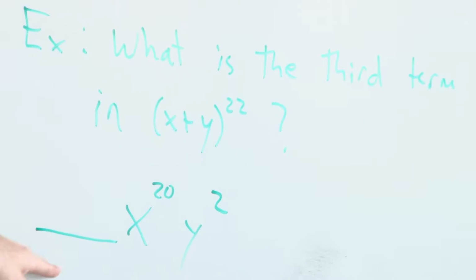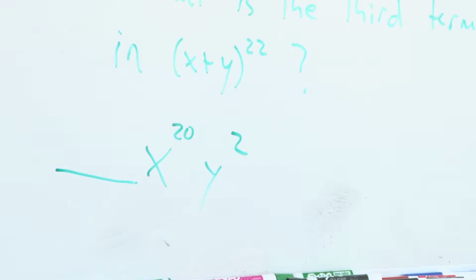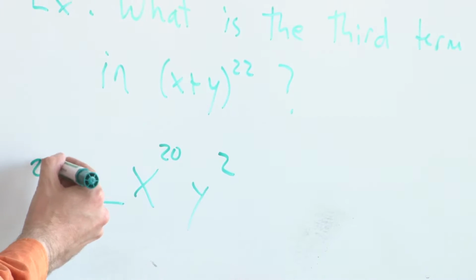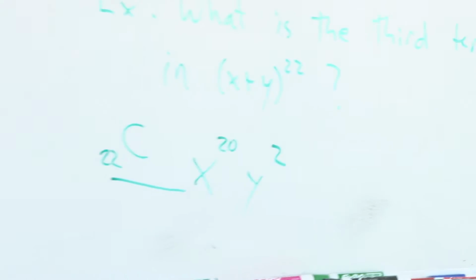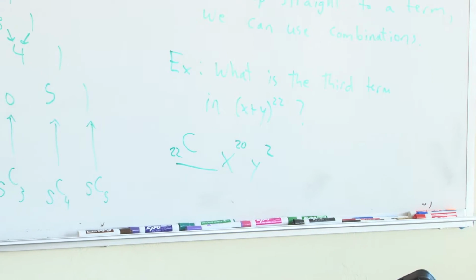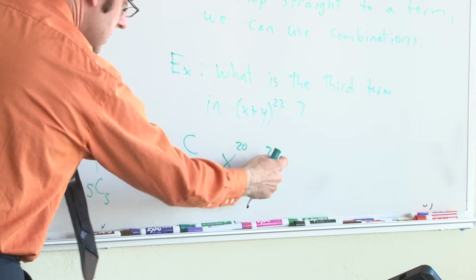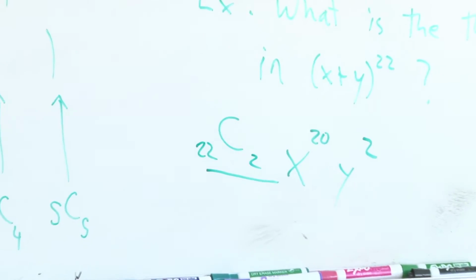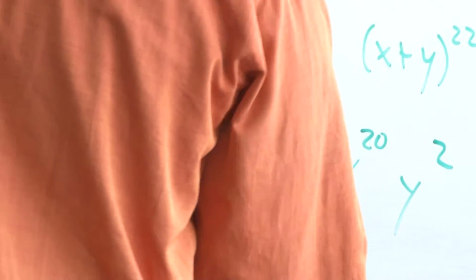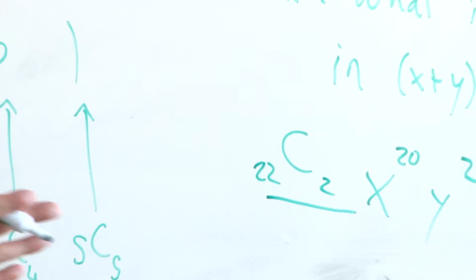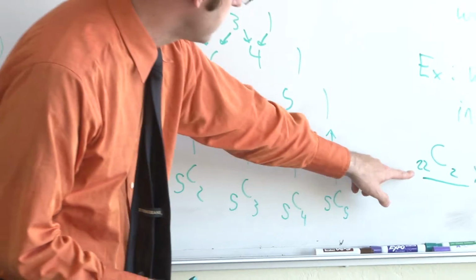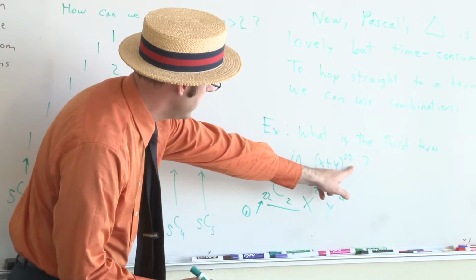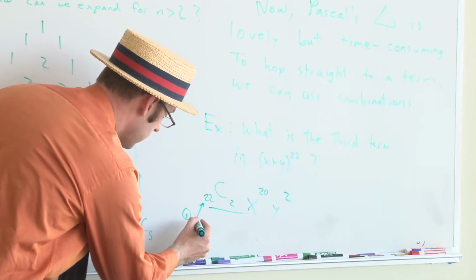But then our coefficient for the third term is, we're going to take 22 as our n value, c, and then the third term is going to match this. So the way to do it is I'm going to start here. That's my expansion number.